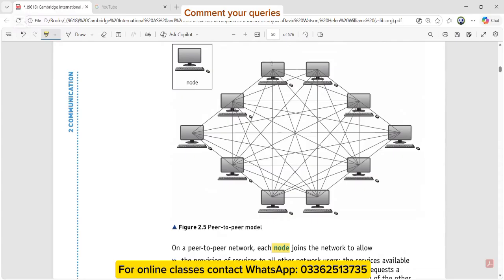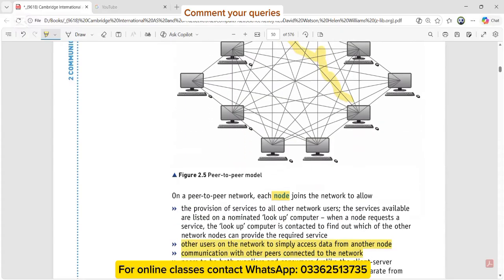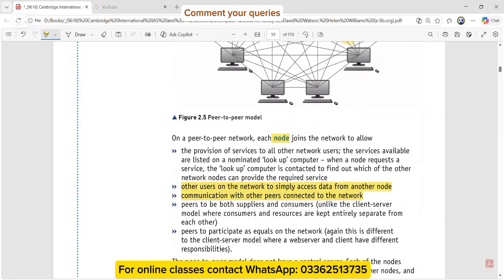If you see this computer, it is connected through a wire to all the other computers. So you can see that it is able to access a resource if it knows where the resource is.